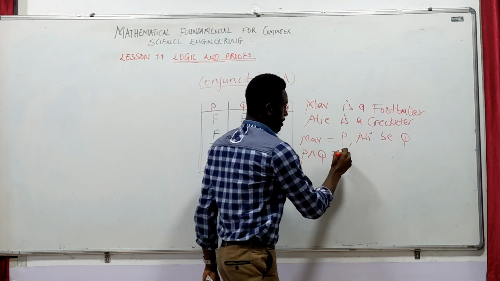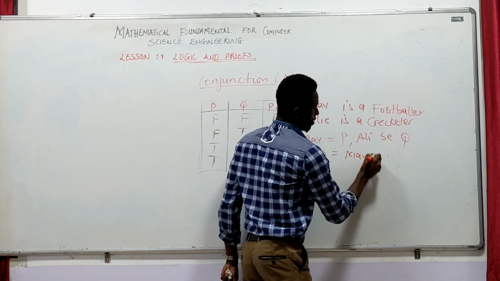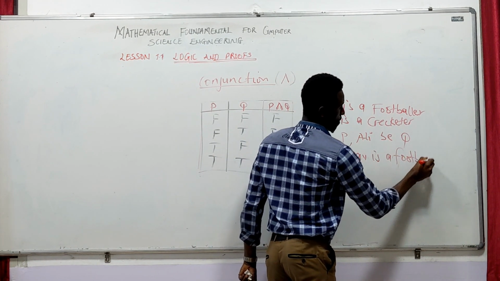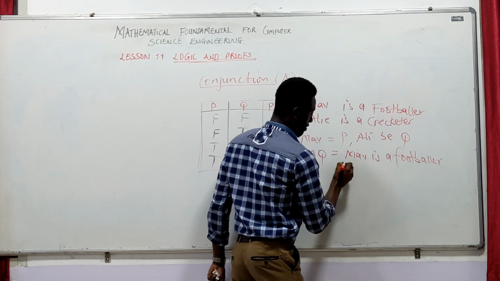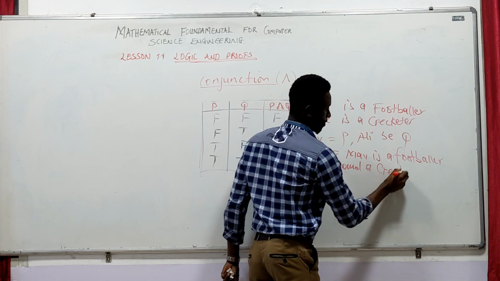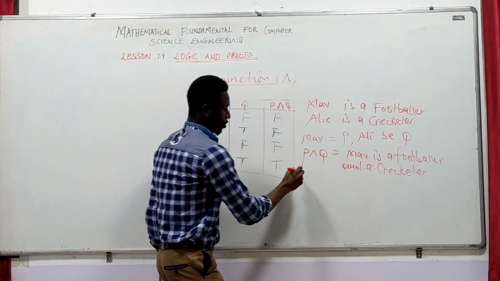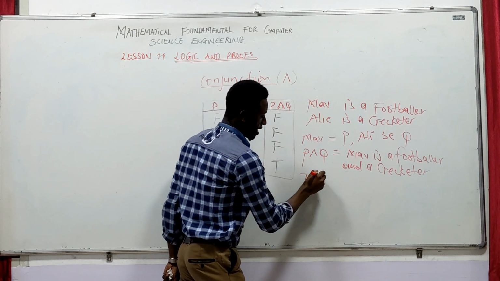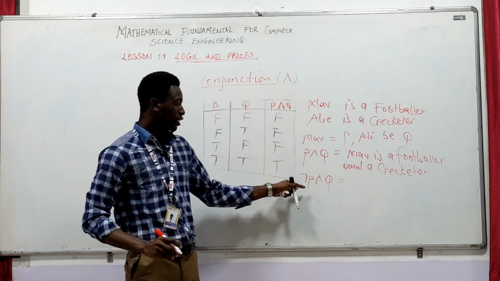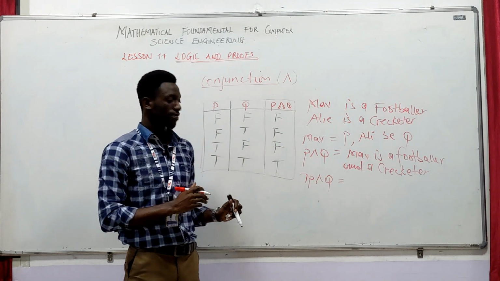So this one implies Marv is a footballer and a cricketer. So P and Q says Marv is a footballer and a cricketer. So not P and Q. This says what? Not P and Q. Now write this statement in terms of logic.